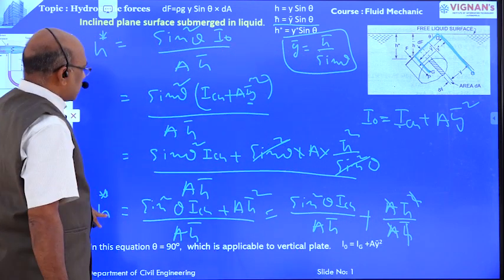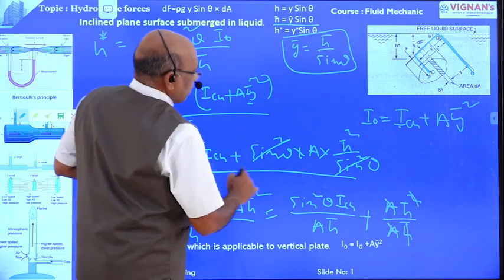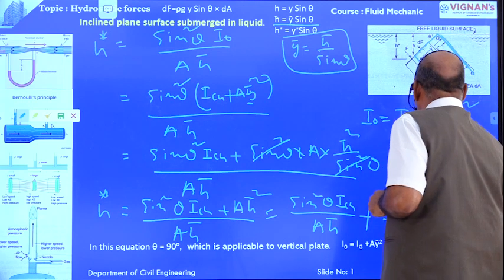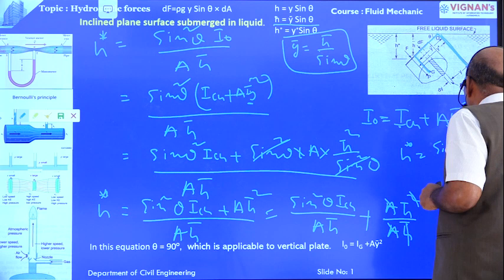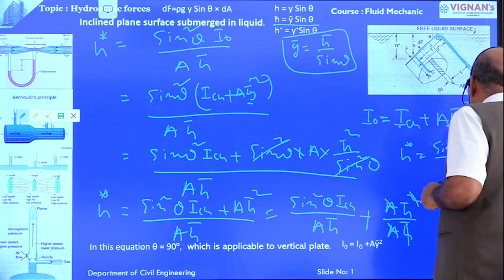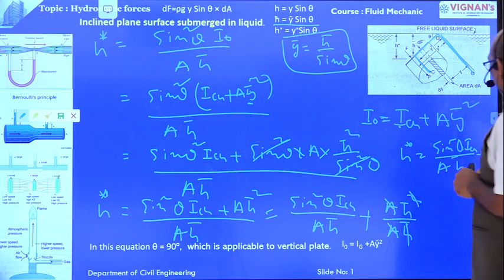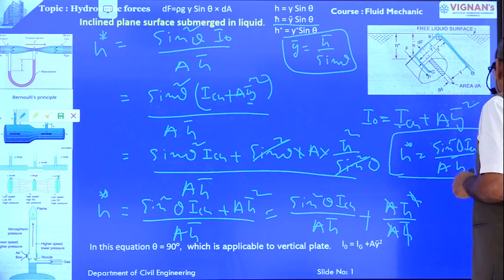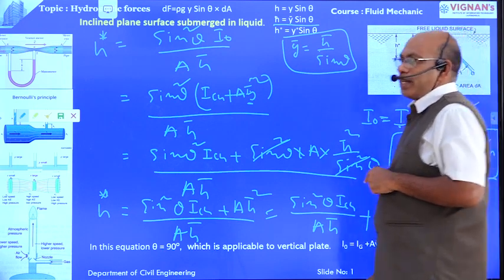Therefore, h star is equal to sine square theta ICG divided by A h bar plus h bar. This is the formula for determining the distance of the center of pressure when a plane surface is immersed inclined in a static fluid.